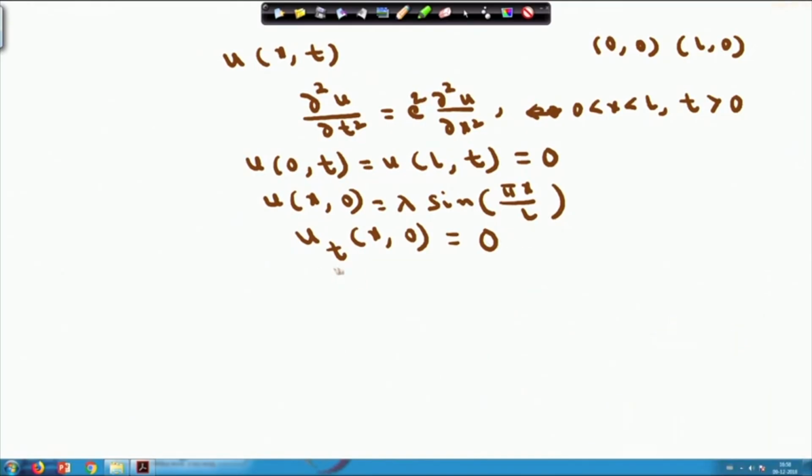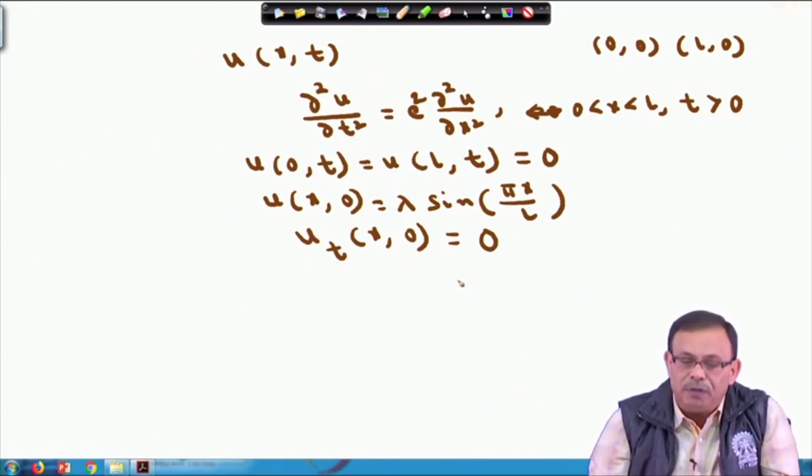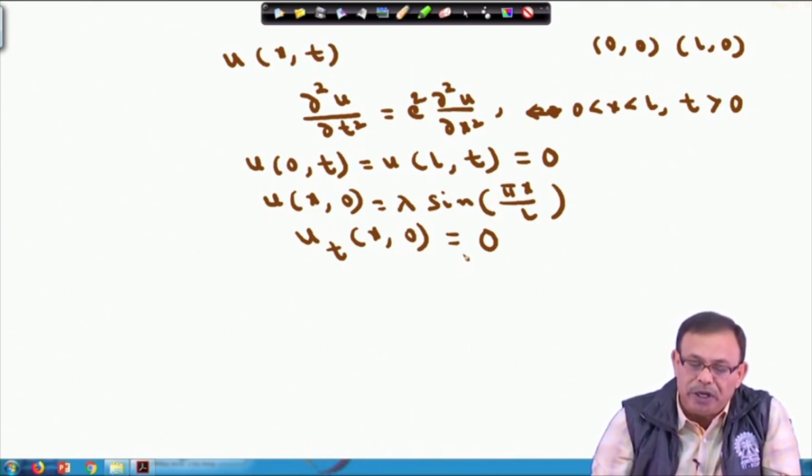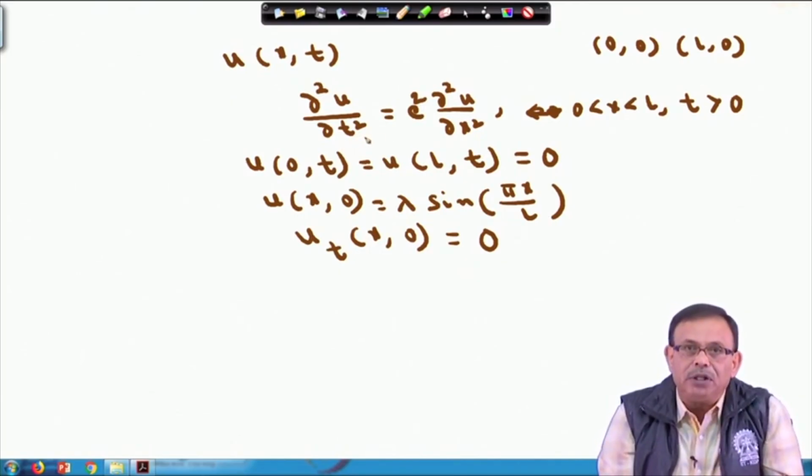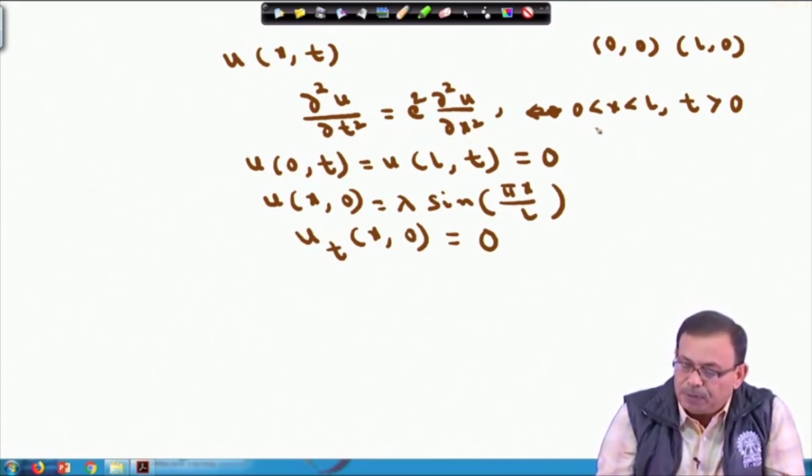Therefore, please note that for the given problem, I have to formulate the problem. First, the displacement u(x,t) is governed by this equation ∂²u/∂t² = c² ∂²u/∂x², where x varies from 0 to L and t is greater than 0.